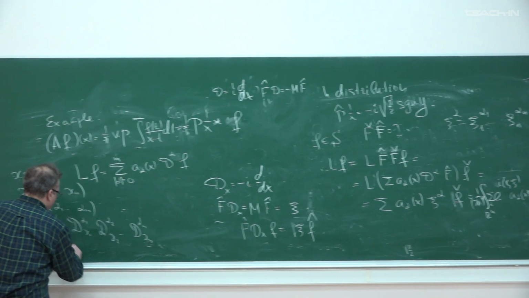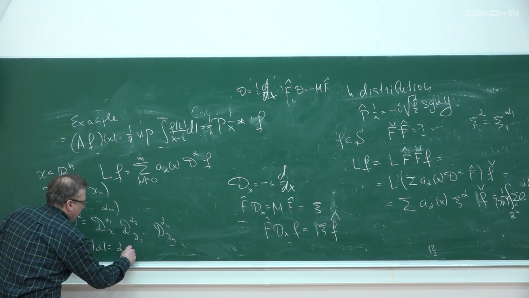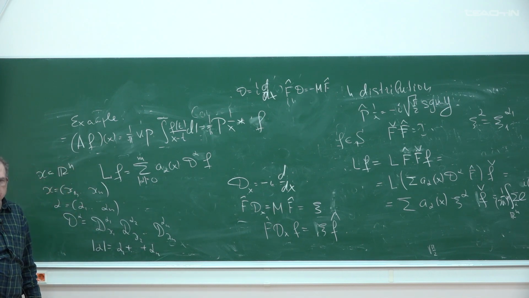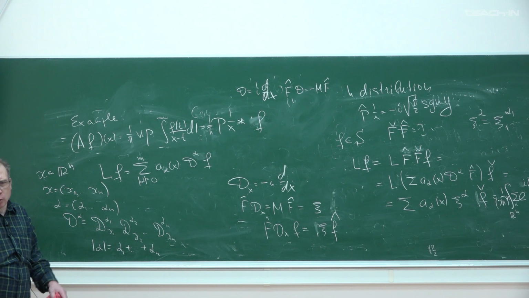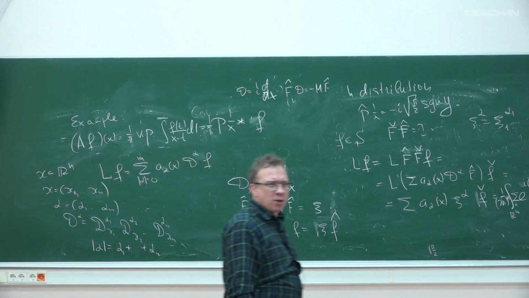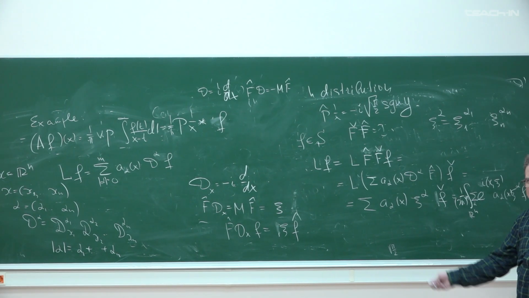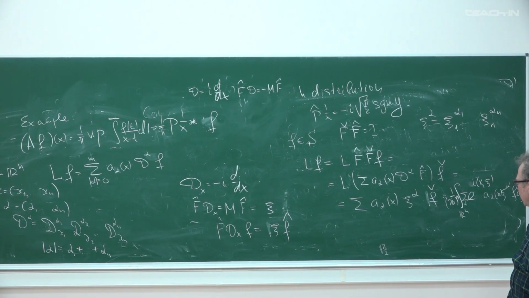The notation is alpha 1 plus alpha n. Immediately we start with the multidimensional Fourier transform. We studied one-dimensional; here we use this approach for multidimensional.